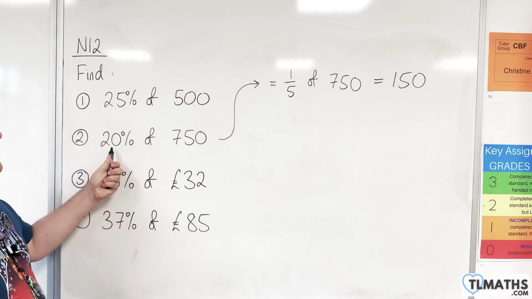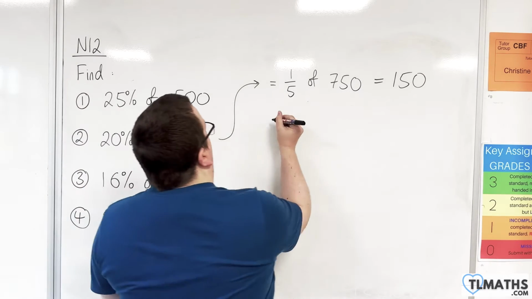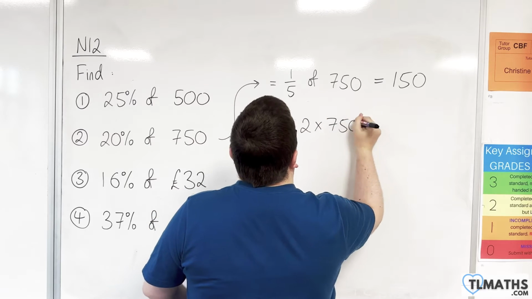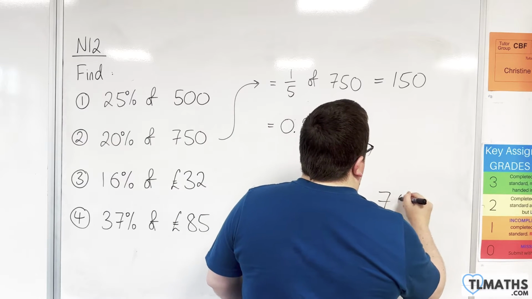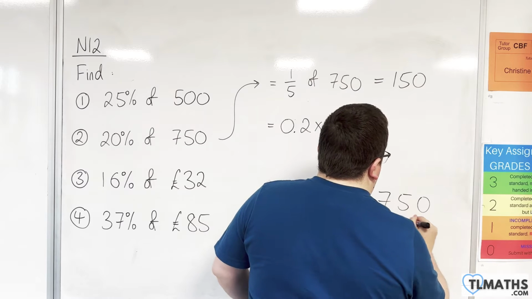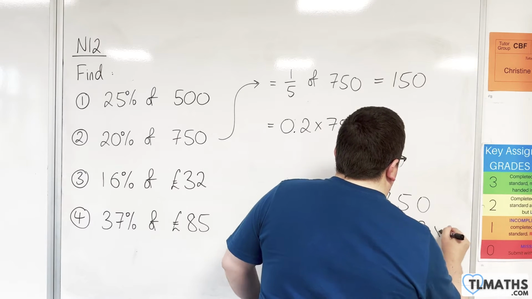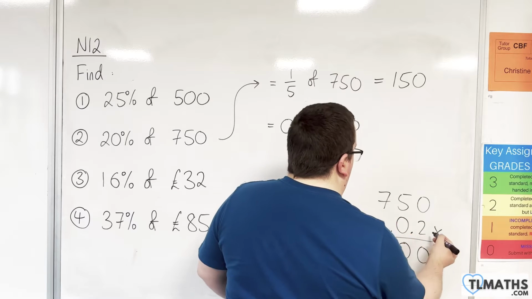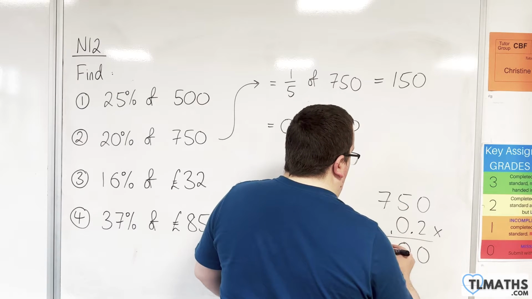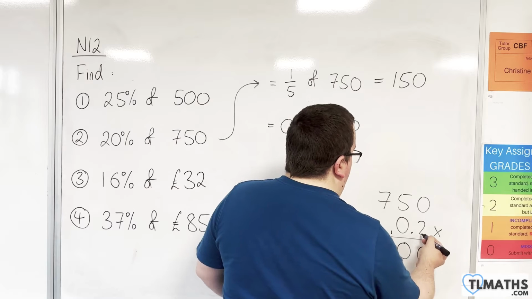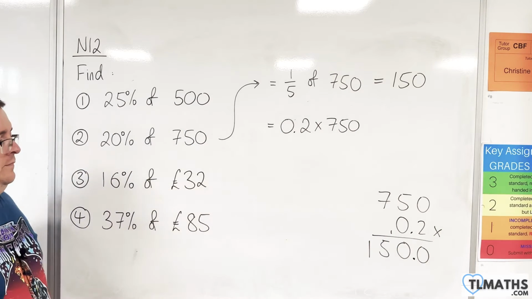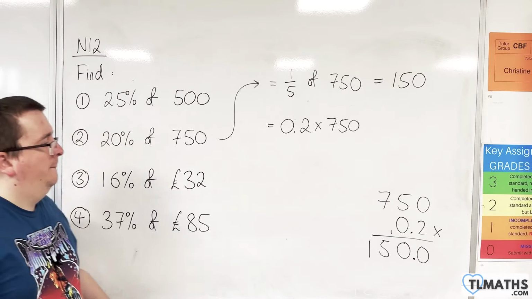Alternatively, you could convert it into a decimal and do 0.2 times by 750. So 750 times by 0.2. 2 zeros, 2 5s are 10, 2 7s are 14, plus the 1 is 15. We've got one number to the right of the decimal point, and so we get our 150. So you could do it that way.